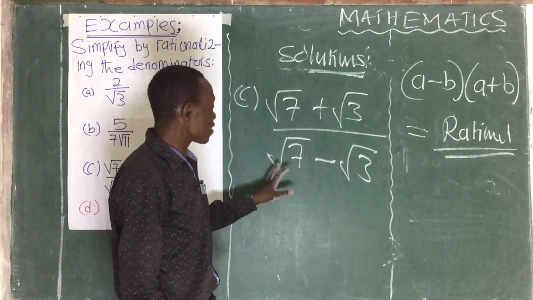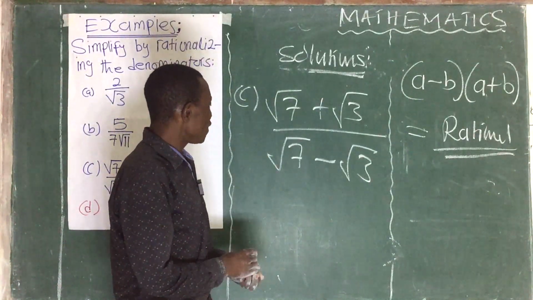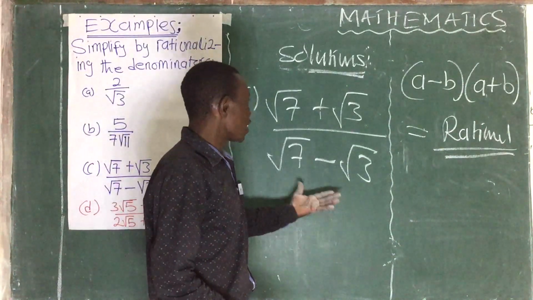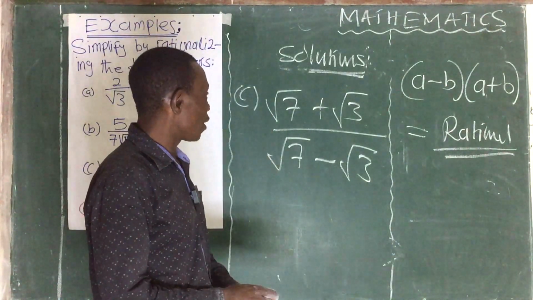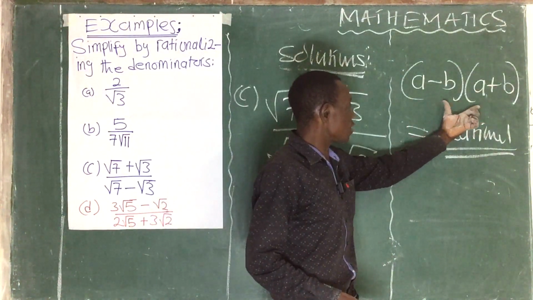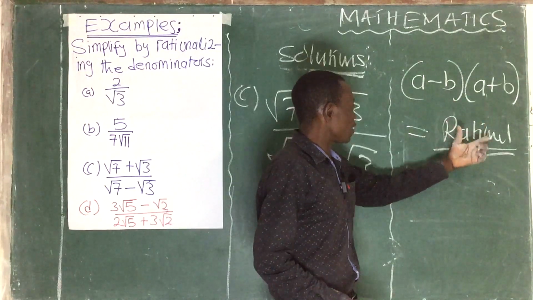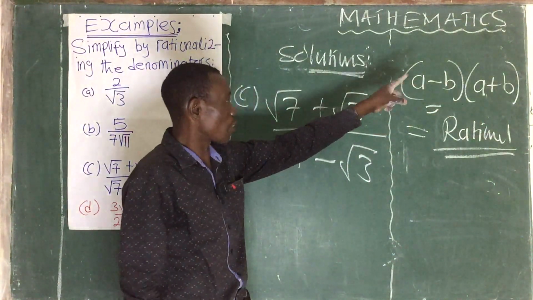You ask yourself what expression can be multiplied by this one in order to have the result as a rational number. Remember that the rational number will always come in after you have done the expansion of that and that.